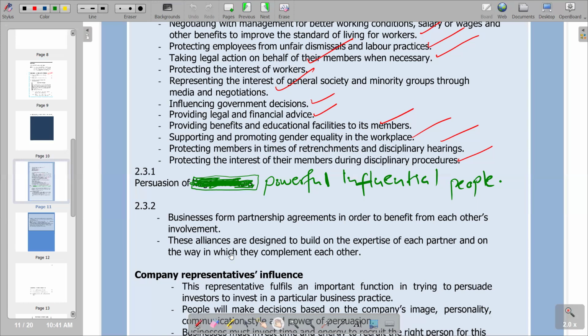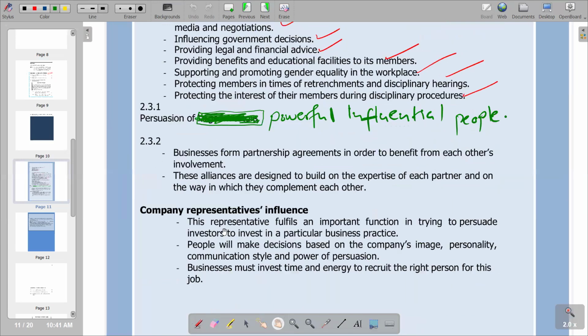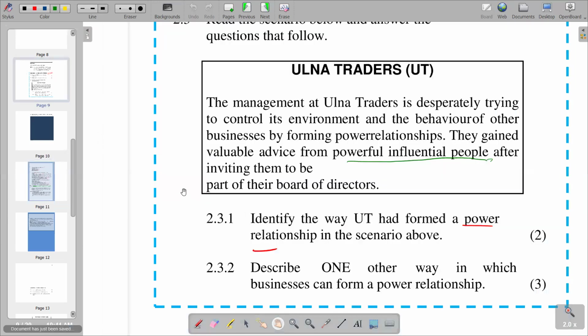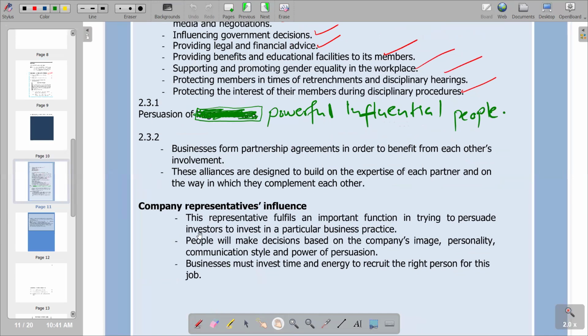This is a representative that is working on behalf of the company, and this is another way that we can form a power relationship. Looking at the explanation, the first point is that this representative fulfills an important function in trying to persuade investors to invest in a particular business practice.